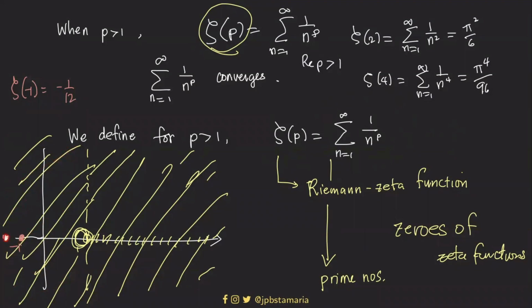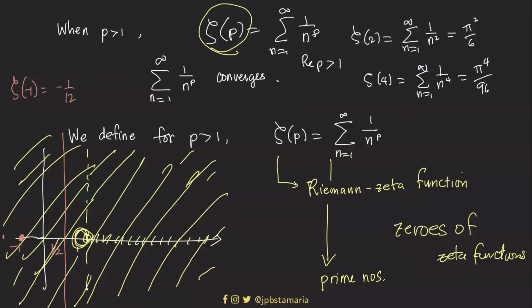Maliban sa mga some points dito na interesting, hindi natin alam kung nasan pa yung ibang zeros ng Riemann zeta function. But according to Riemann, kung magkakaroon man ng zeros yung Riemann zeta function na yan, matatagpuan mo yung zeros na yan dito sa vertical line na ito. This is the critical line na tinatawag, x is 1/2.